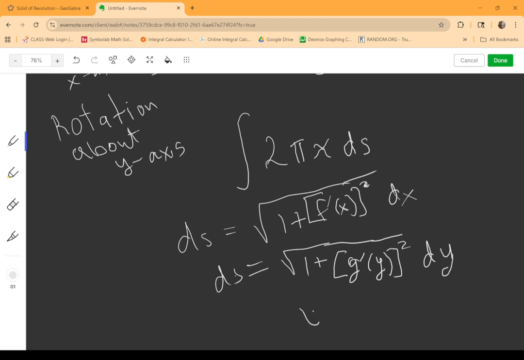Or in this case, x would be a function of y. So we would have to replace that, because if it's a dx, all variables need to be x. If it's a dy, all variables need to be y.